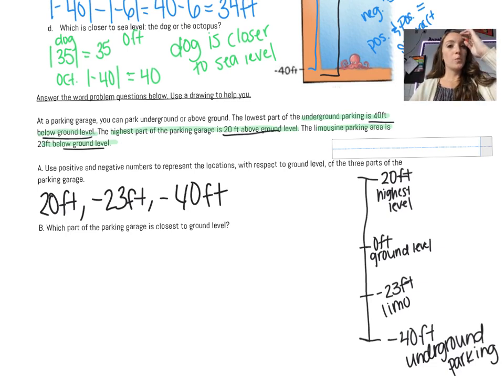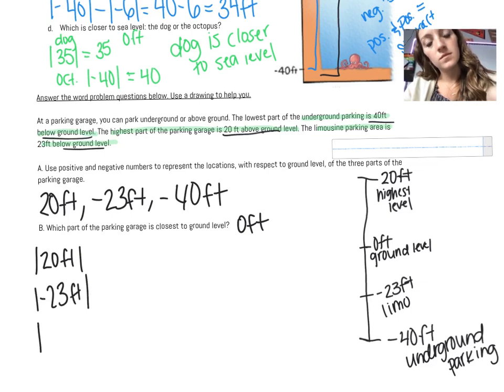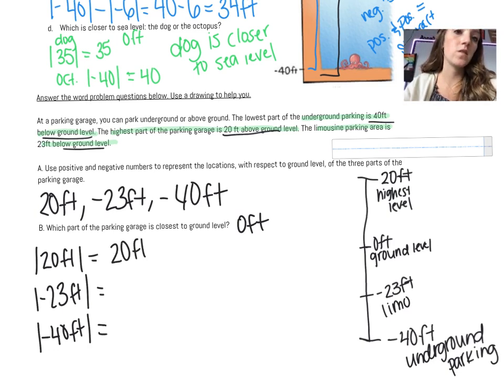For letter B, which part of the parking garage is closest to ground level or 0 feet? Which one is closest to 0? We want to draw on our distances to 0 at each of these points or their absolute values. So I'm going to find my absolute value of each of these. My distance from 0 is still 20 feet.